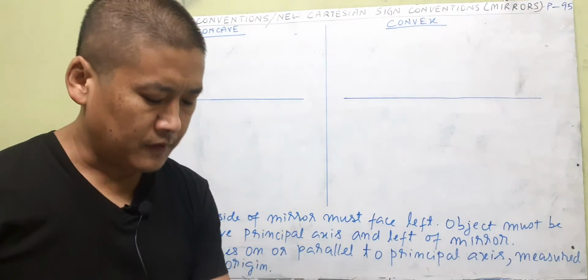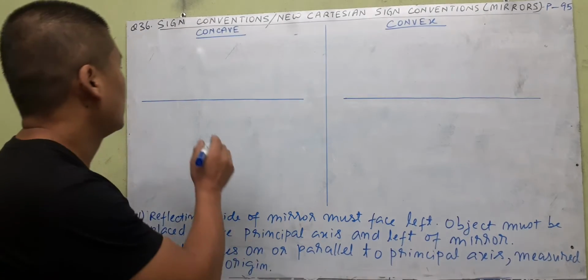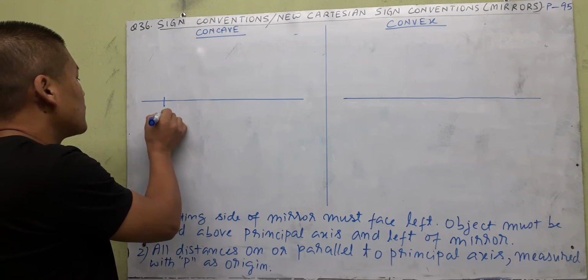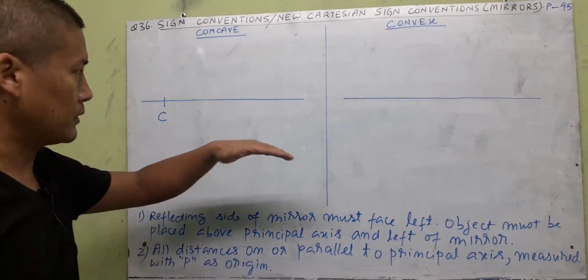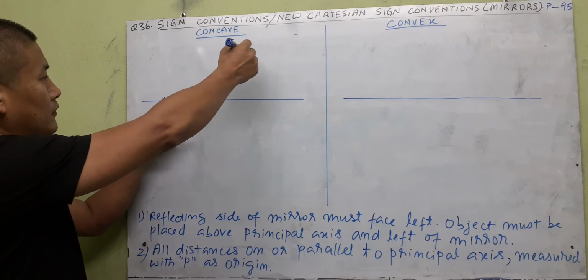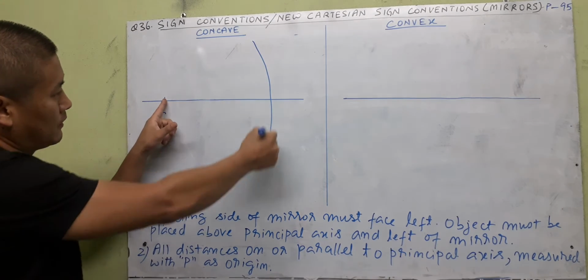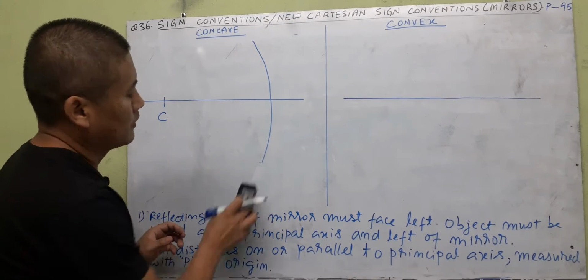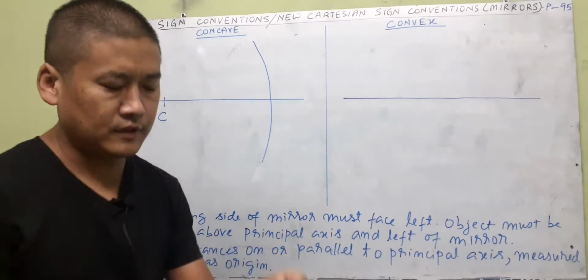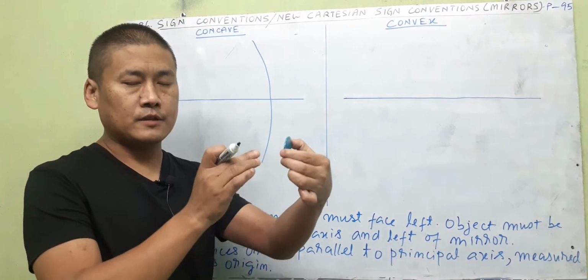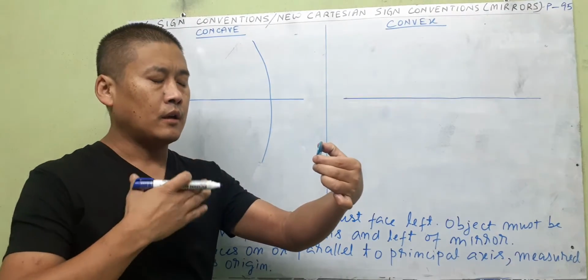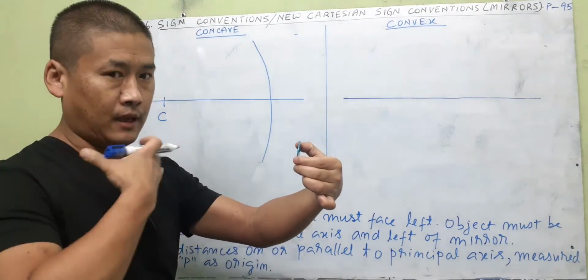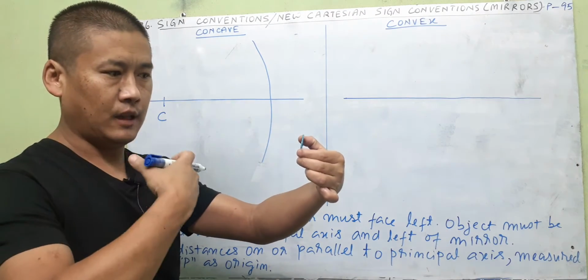The first sign convention is this: we must put our mirror, so put your C on the left, take around 6 centimeters, take the center of your compass and draw an arc like this. The reflecting side must face left, so that the object is on the left, like I am the object and my face is on the left.